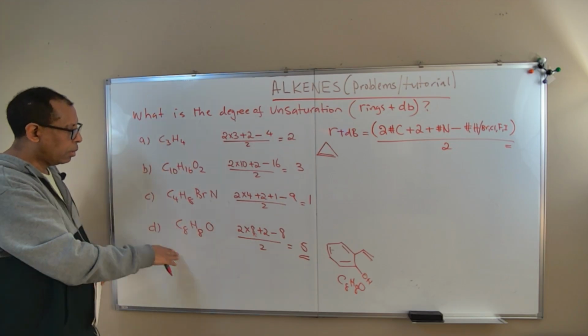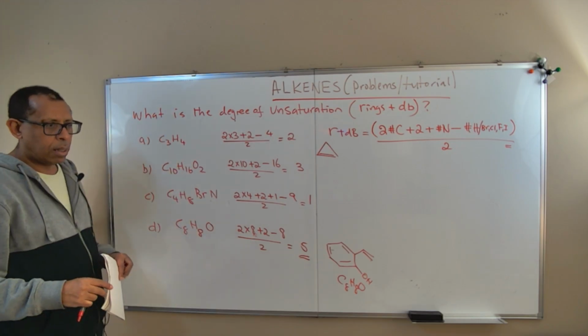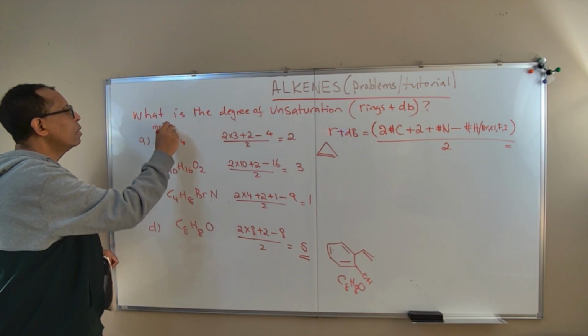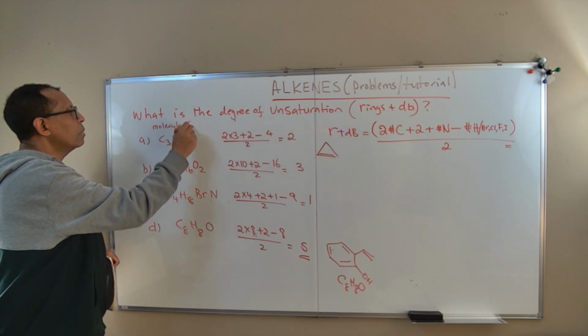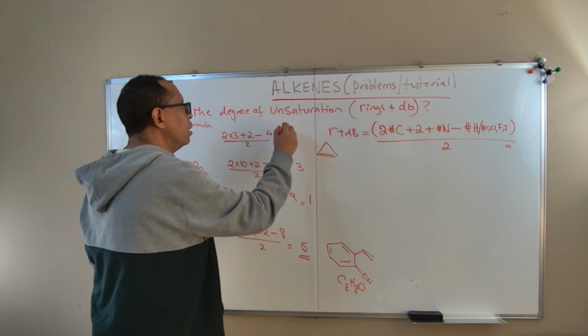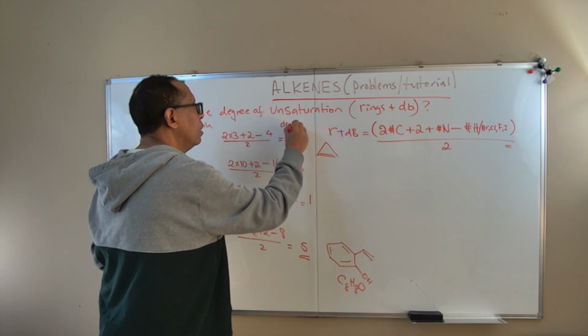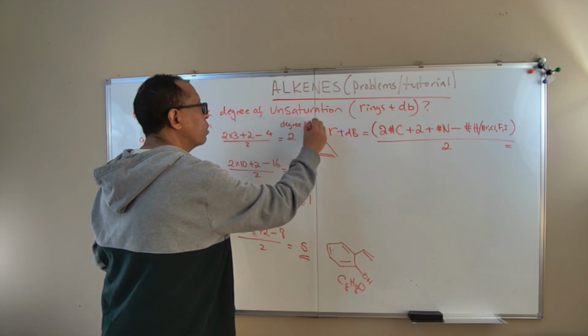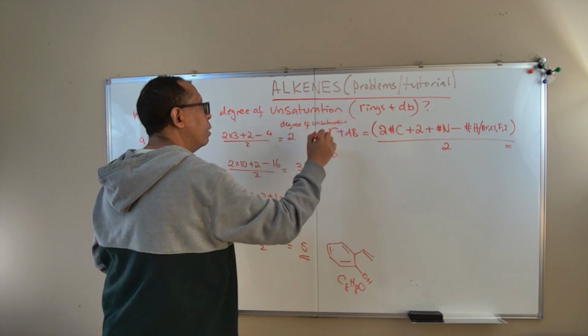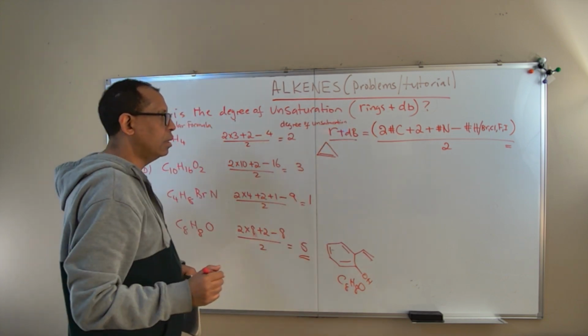So the calculation for this molecular formula, and this is the degree of unsaturation. Degree of unsaturation can be rings plus double bonds.